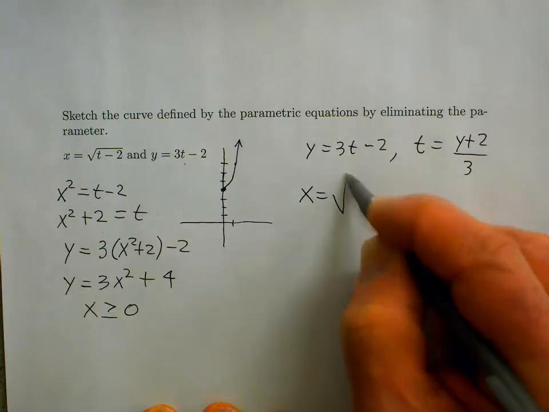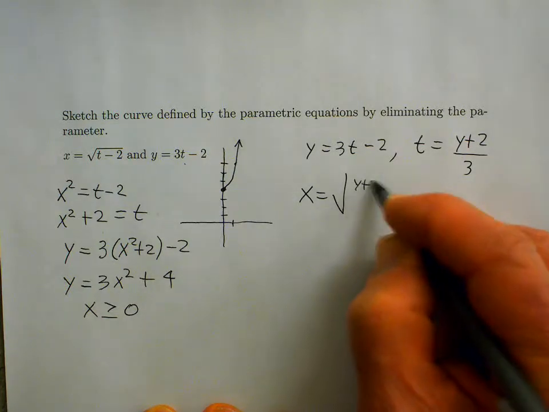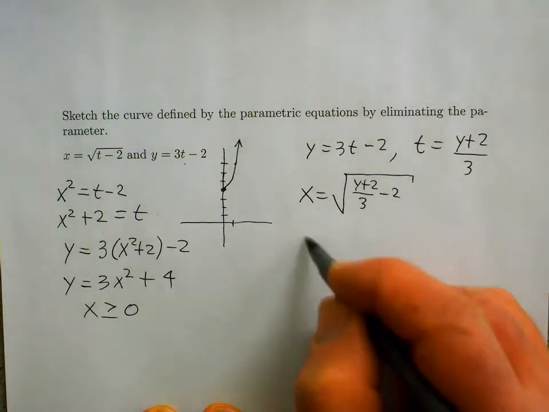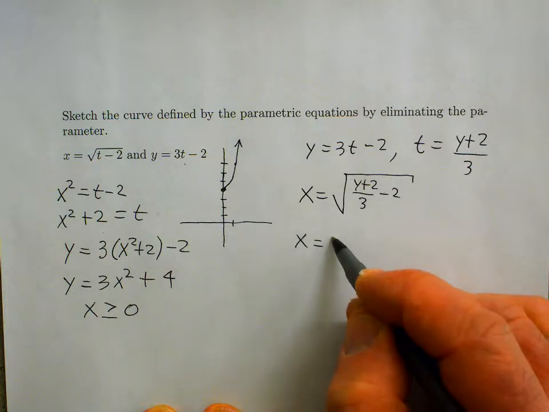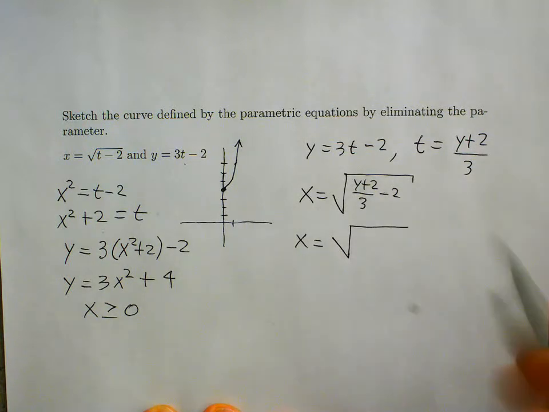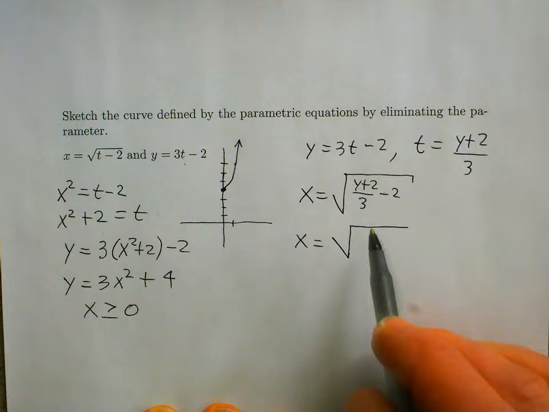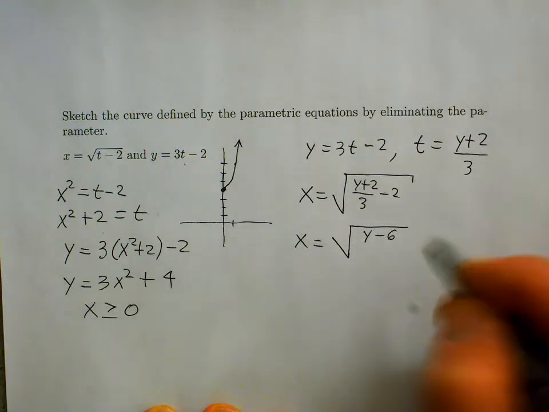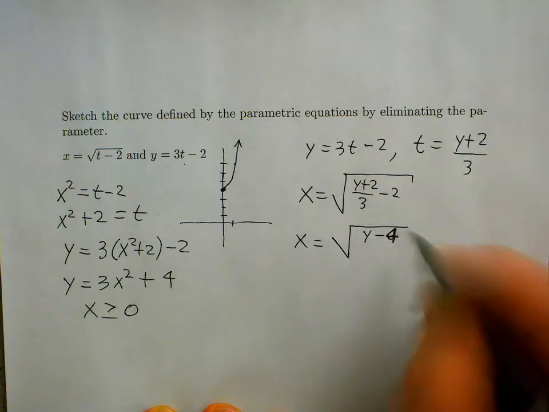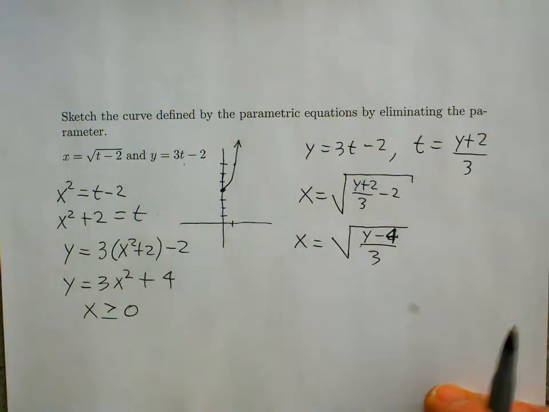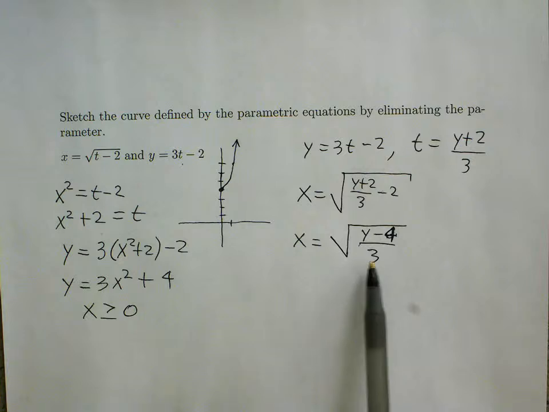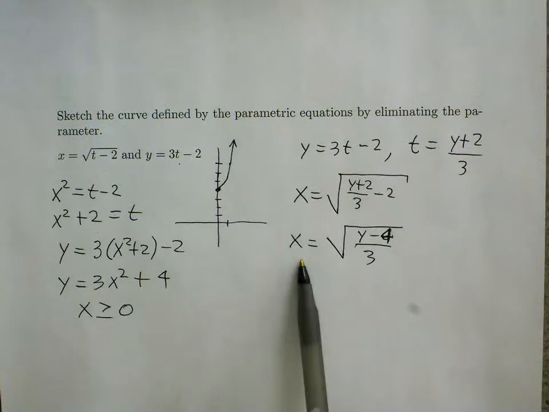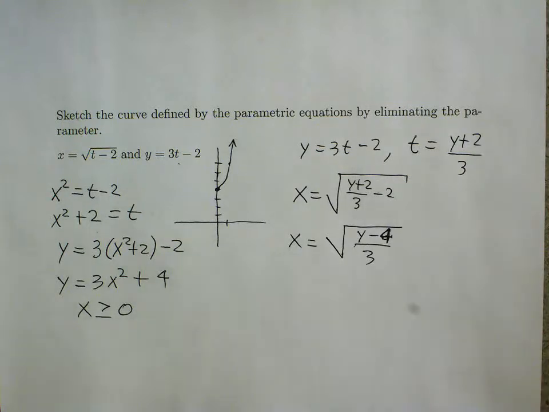So we get x equals the square root of (y plus 2) over 3 minus 2, and you can simplify that a little bit to get the square root of (y minus 4) over 3. You can also graph this if you remember how to graph square roots. So we get the same graph either way.